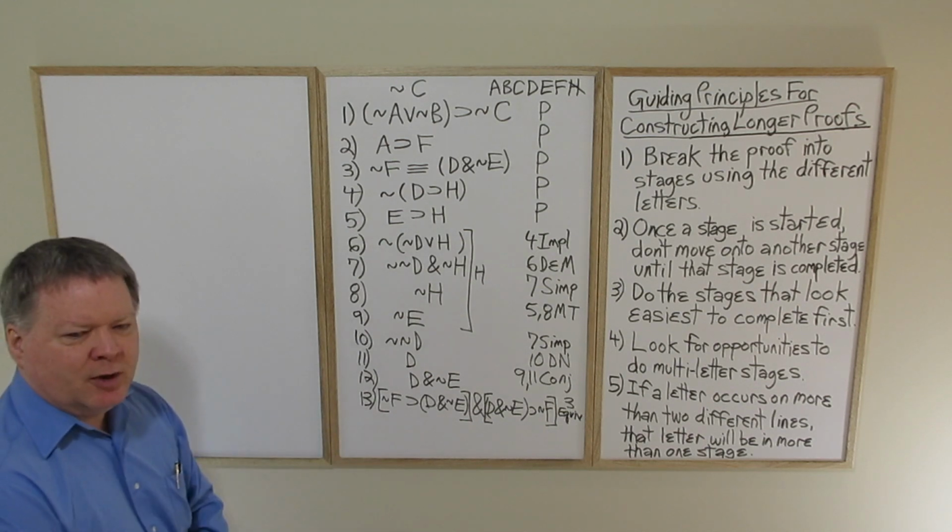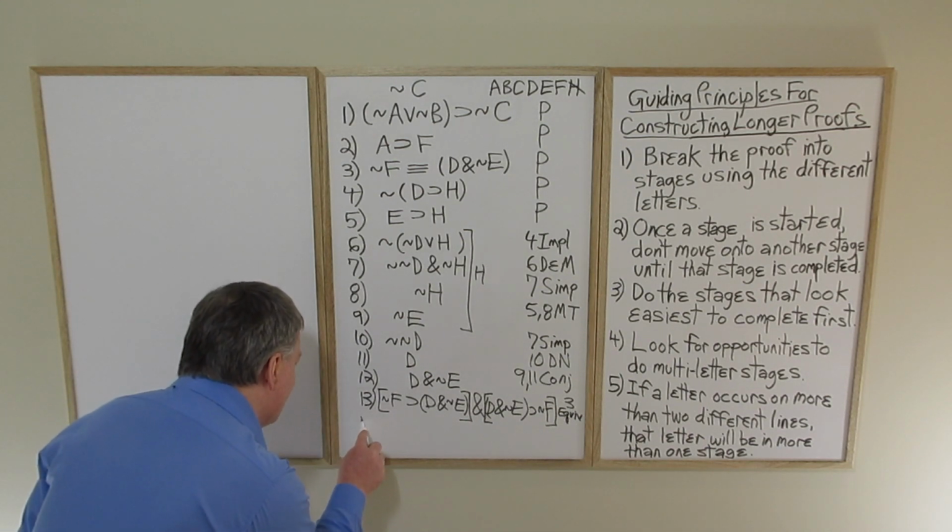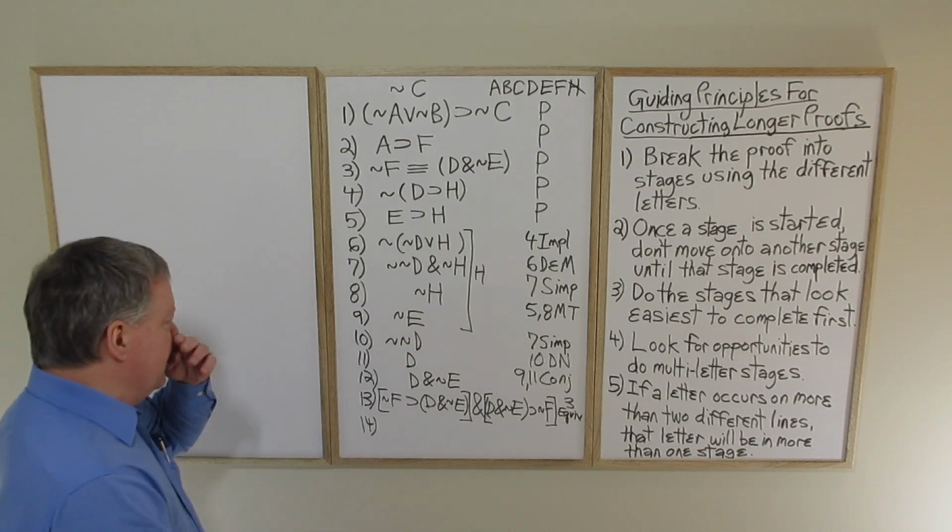Equivalence is always the rule where you sometimes end up with lines that are a little bit long.